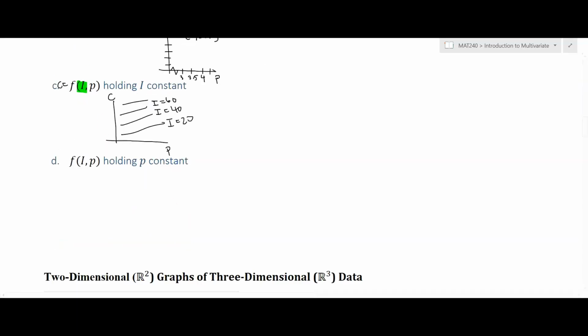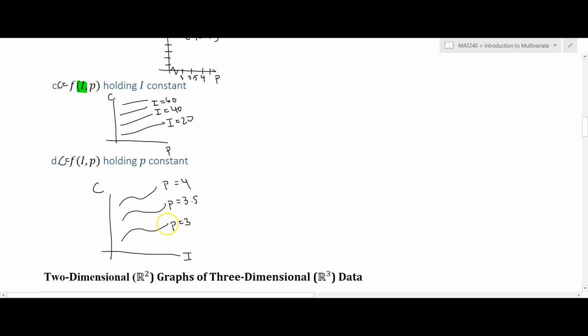In this final example, we have again consumption as a function of these two inputs, but if I hold P constant, that means I want to look at the relationship between income and consumption, maybe for different, I'm just going to draw something a little bit different here. This is going to be for different price points. P equals 3, P equals 3.5, and so on. And so by holding P constant, that is just a statement saying, I only want to look at the relationship between the two things that are not being held constant.